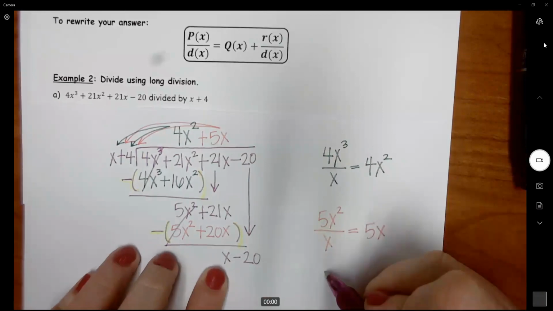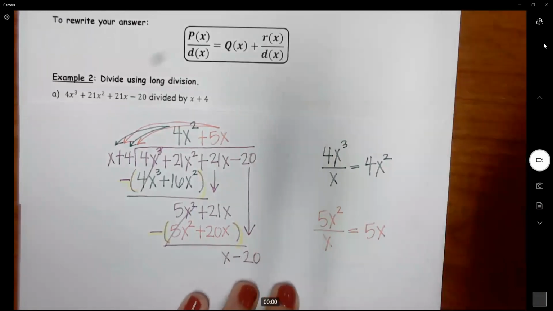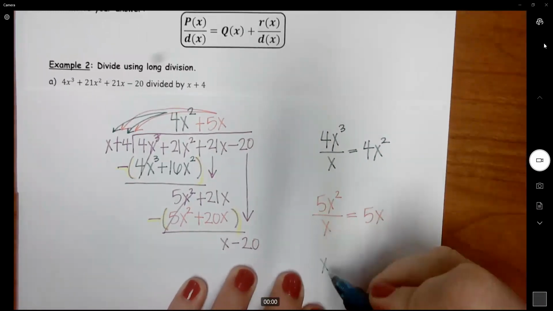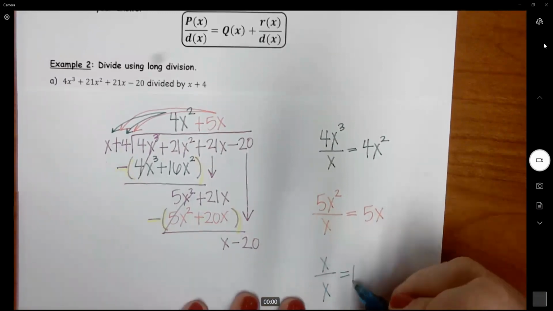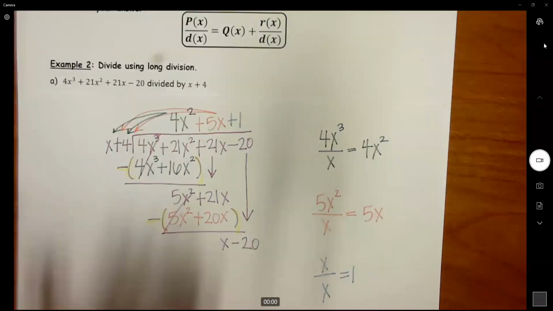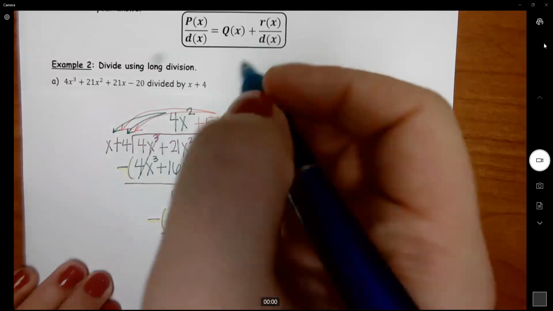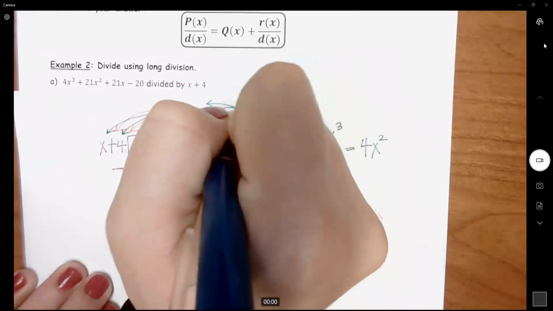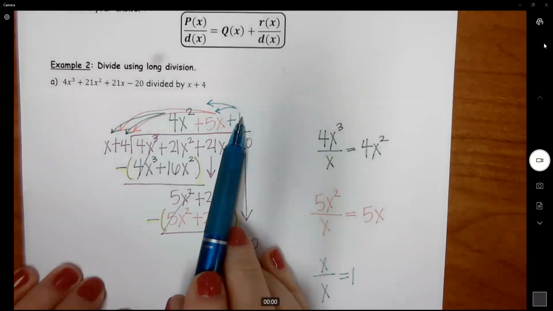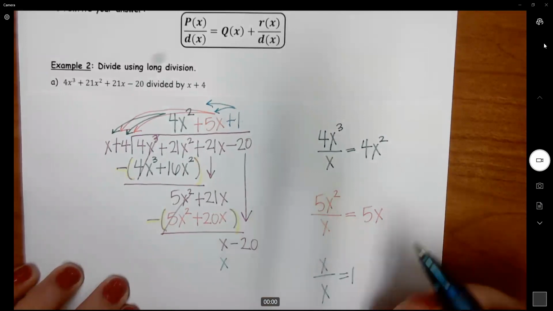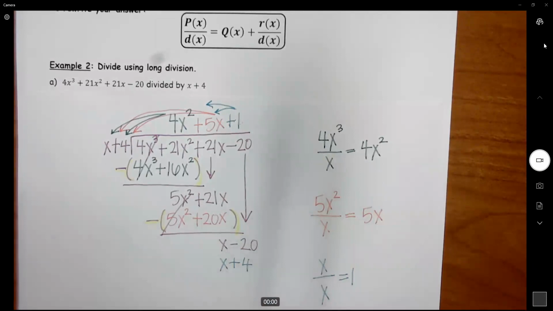So I'm taking this first term here of x, and dividing it by the first term here, which is also x. So we get 1. So this is plus 1. I'm not going to do arrows again because this is getting busy. Well, I'll do some. Let's just go right here. Distribute that back. So 1 times x is x, and 1 times 4 is 4.